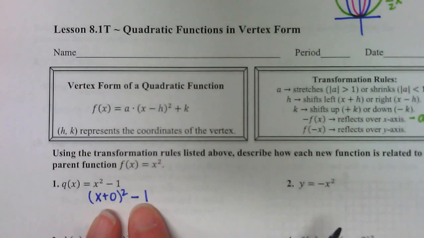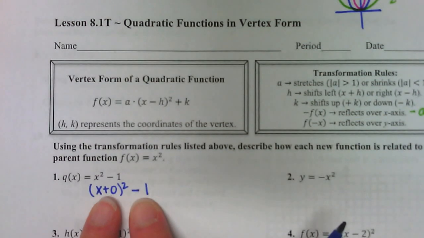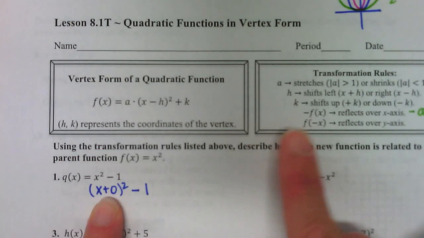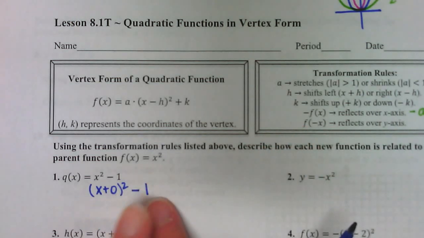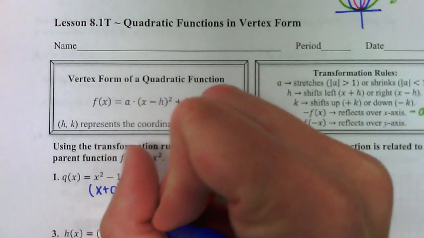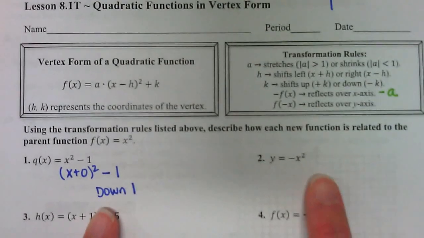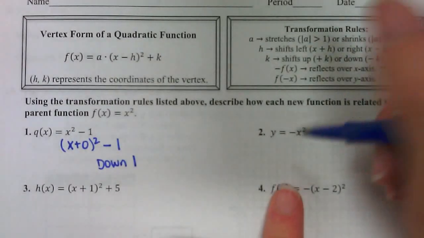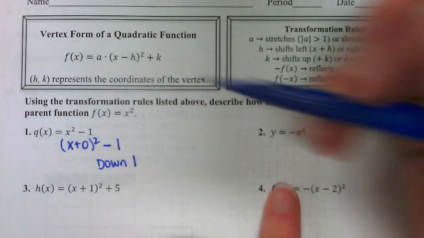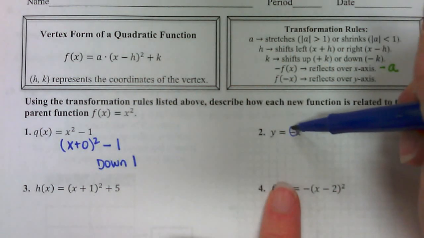Okay, so there's no h value. So for this graph, nothing is happening moving left or right. The only thing that's happening is that the graph is moving down 1, because on the outside it says minus 1.